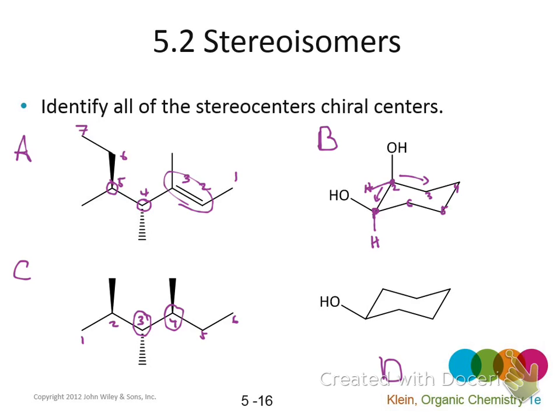Be honest. How many think 2 is a stereocenter? 2 is not a stereocenter. It's just drawn like it's a stereocenter. 4 different groups, right? What's this? Methyl. What's that? Methyl. 2 of the groups are the same.